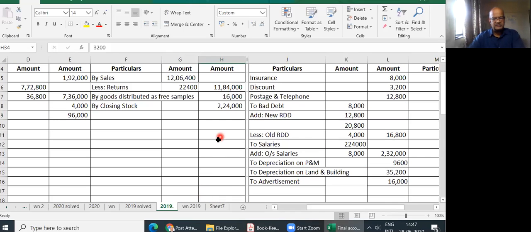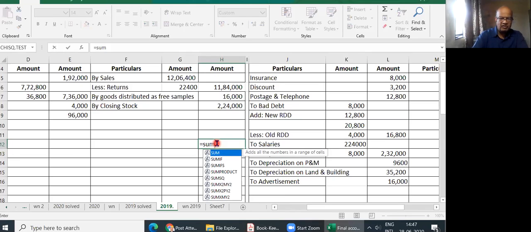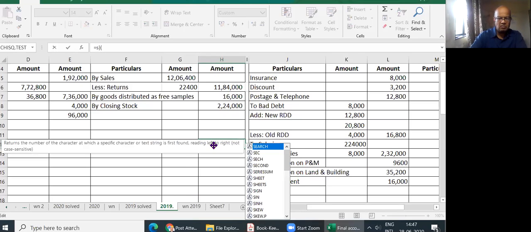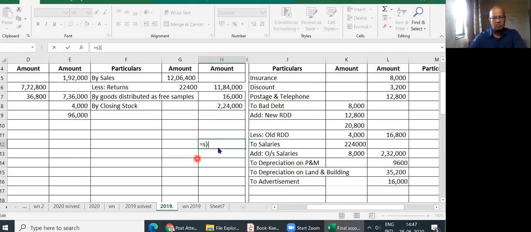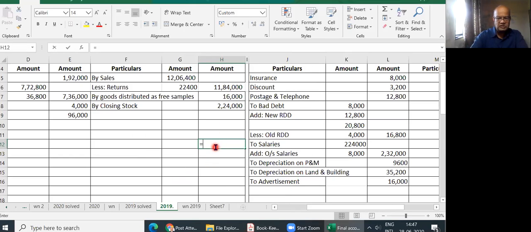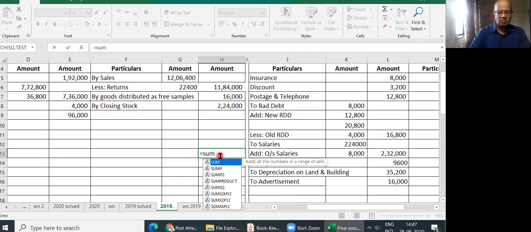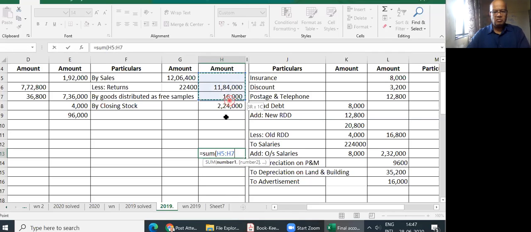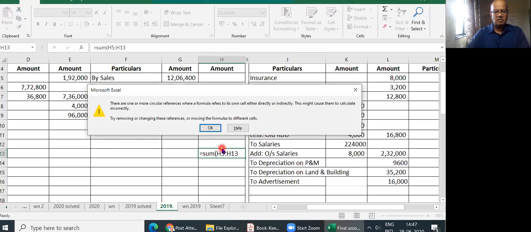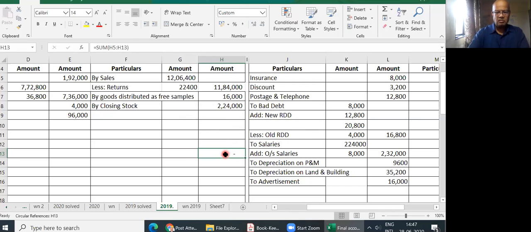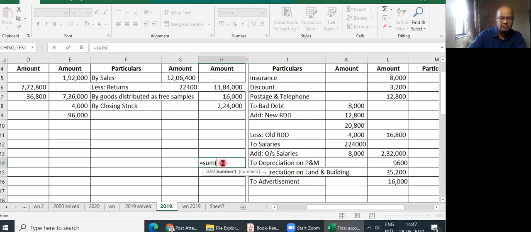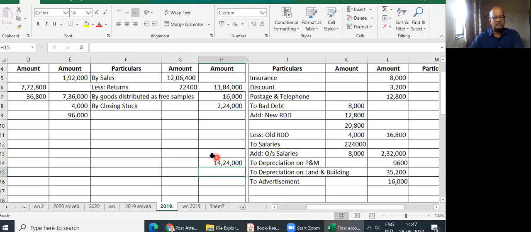Now we shall balance. Credit side of trading account sum is 14,24,000.